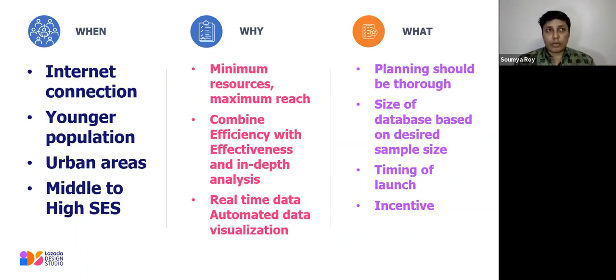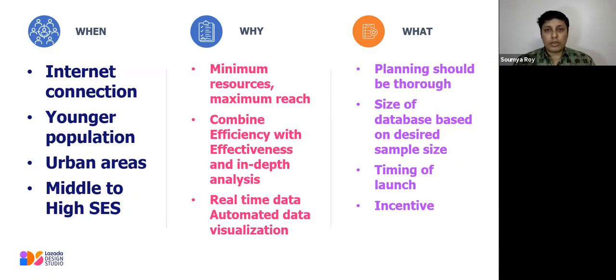Next, when the target audience is a bit younger in age, then it is better to use online research, because older people may not be technologically that savvy. Sometimes they have to download an app to use for online research, and younger people will be more amenable to that.